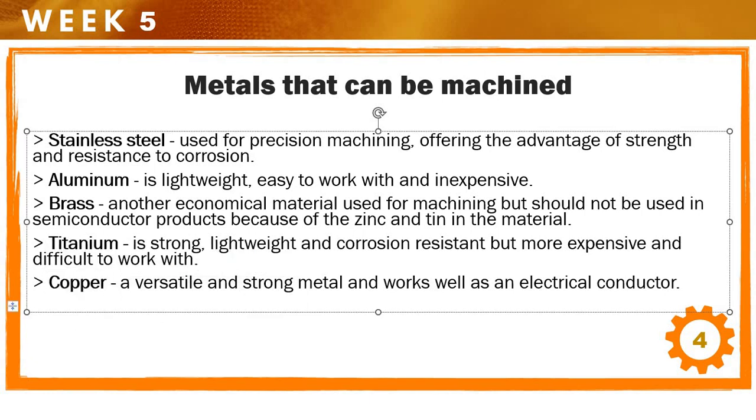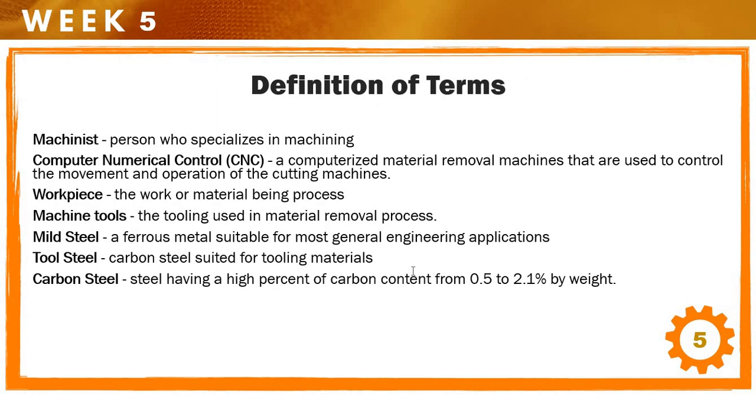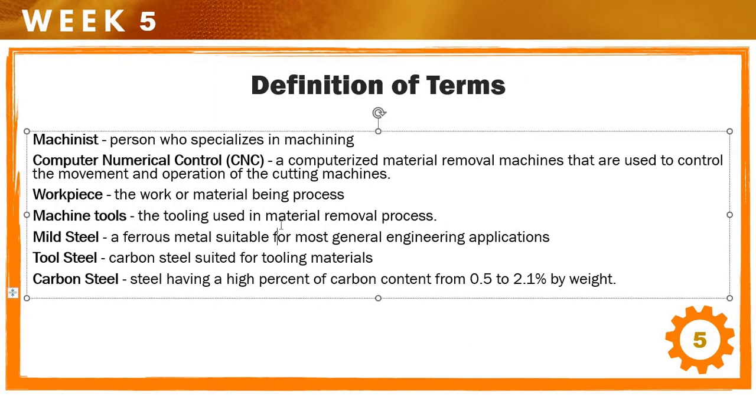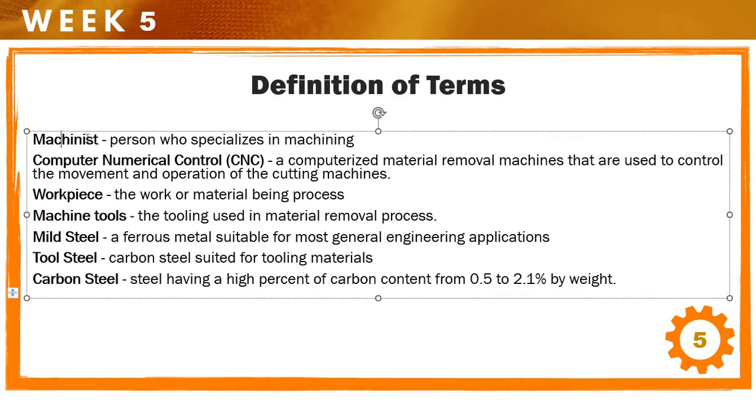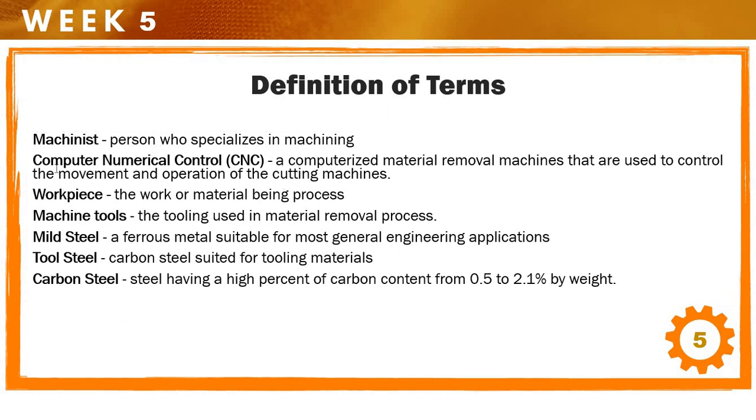Okay, and the next, here are some of the terms that we should define under the machining process. First is the machinist. He or she is the person who specializes in machining. Then fourth, computer numerical control, or CNC.